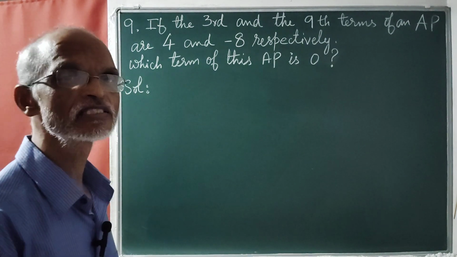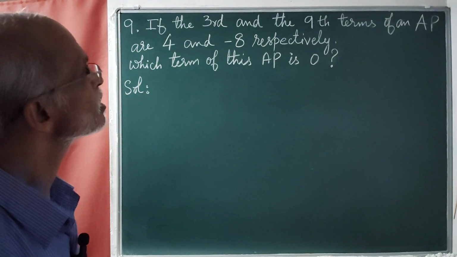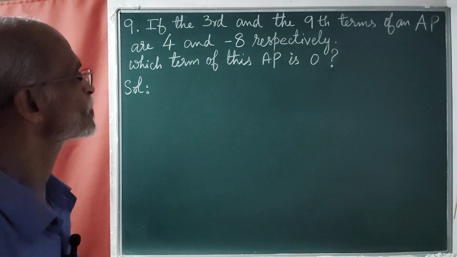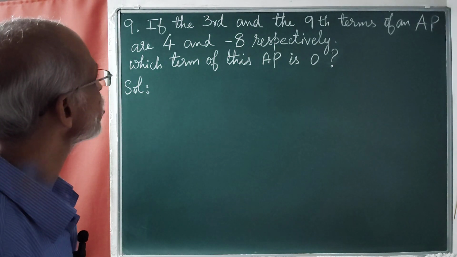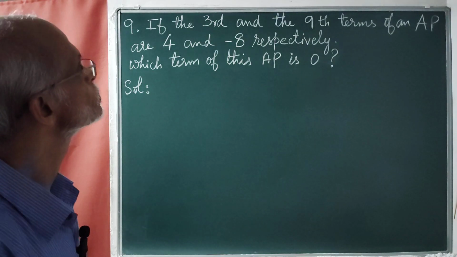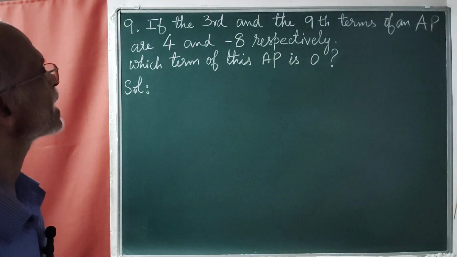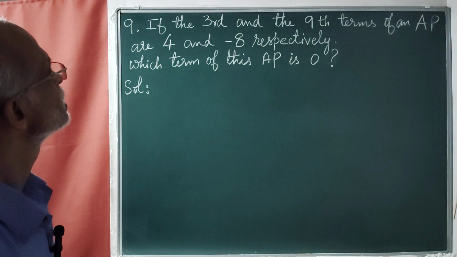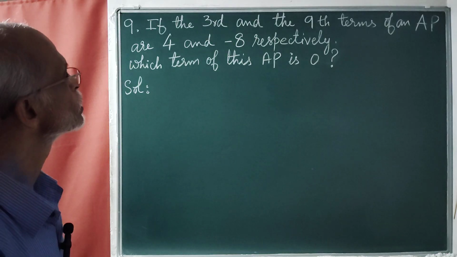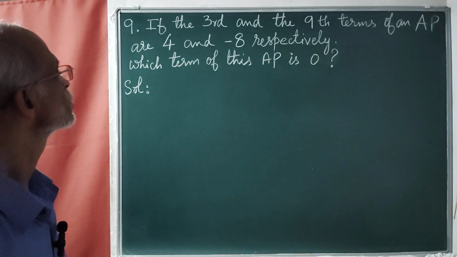Now the ninth sum, if the third and the ninth terms of an AP are 4 and minus 8 respectively, which term of this AP is 0? So we have been given the third and the ninth term and we have to find out which term of the AP is 0.